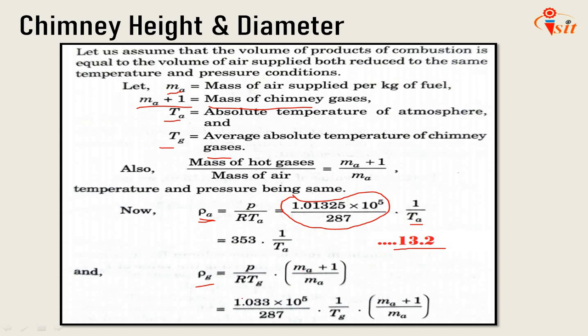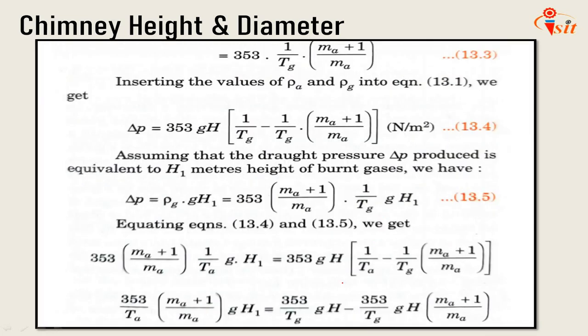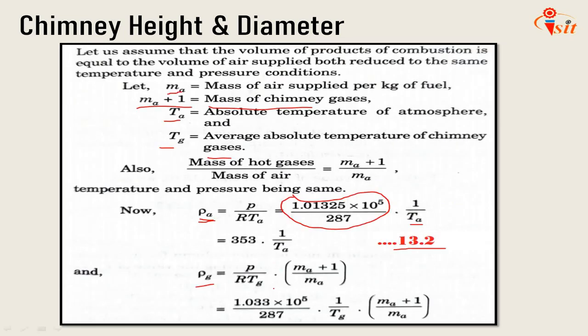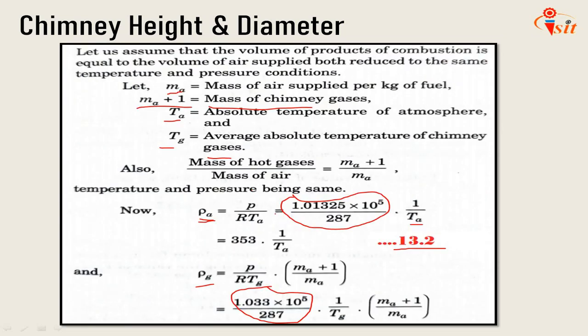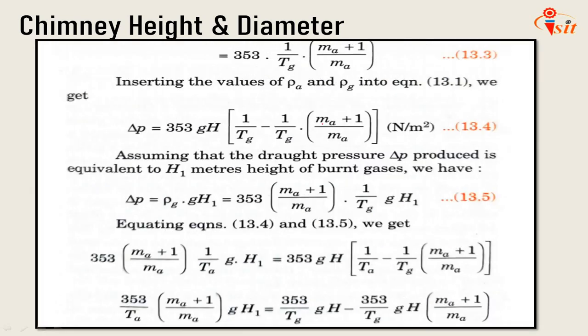Substituting those values, here the pressure is the pressure at the chimney height, so that will be 1.033 into 10 raised to 5 divided by 287 multiplied by 1 upon Tg, Ma plus 1 upon Ma. So this value comes to 353, similar to that. Actually here we need to consider 1 atmospheric pressure. So 353, 1 upon Tg, Ma plus 1 upon Ma.